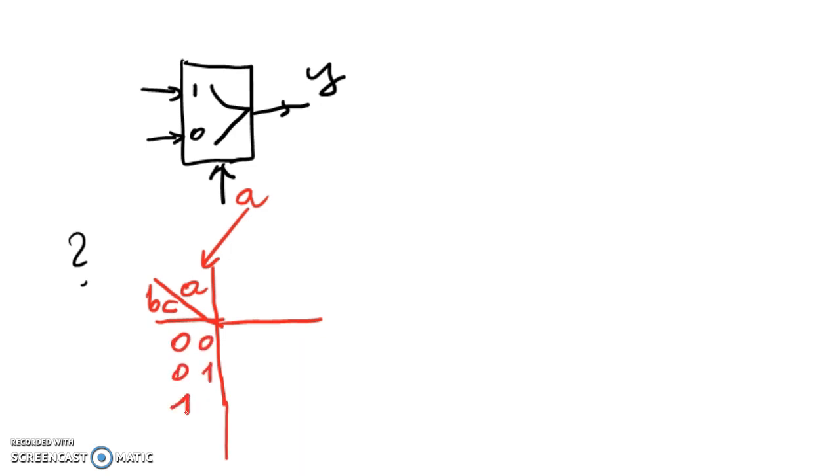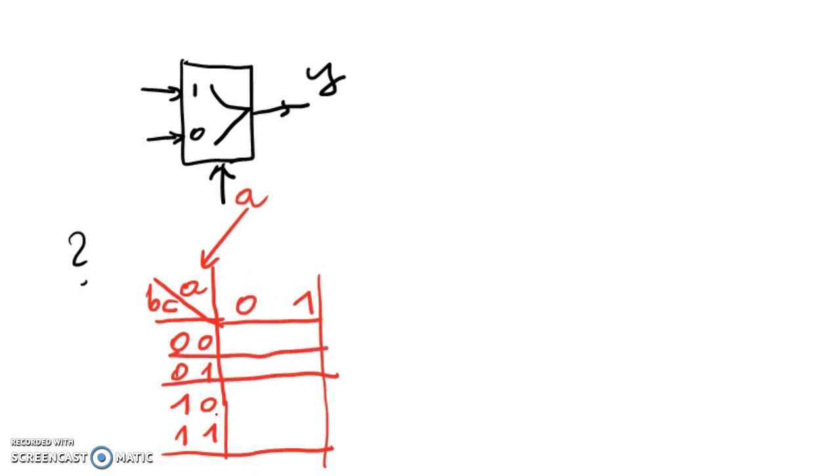And as before, you are using binary, not gray code, binary code, 0, 1 for A, and these sequences for BC. And similarly, you put the output values, Y values, into this table. So majority of ones, no majority, no majority, no majority, there is a majority, no, yes, yes, and yes.